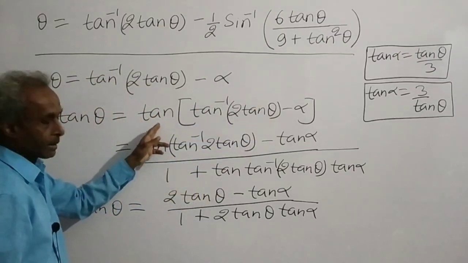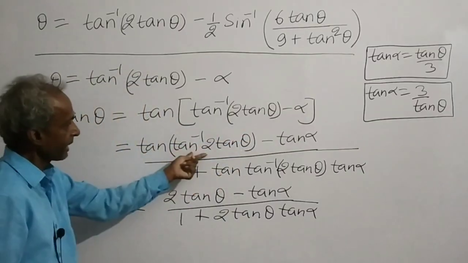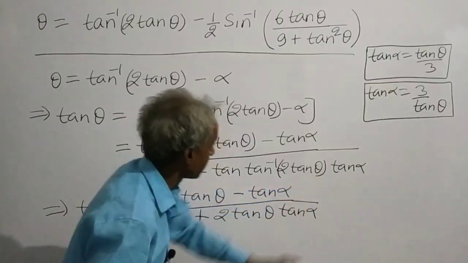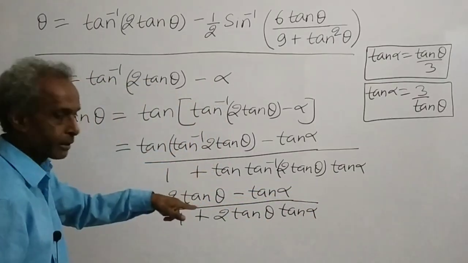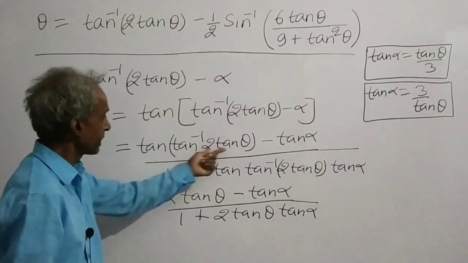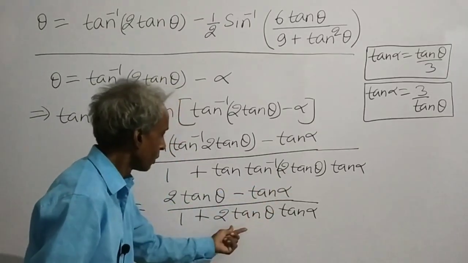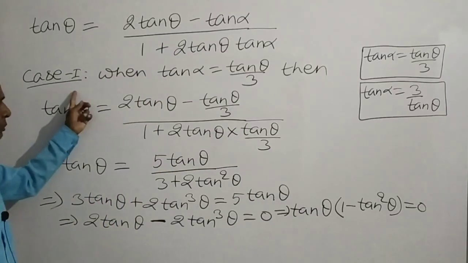Now we apply the formula for tan A minus B: tan A minus tan B by 1 plus tan A times tan B. Since tan inverse x is equal to x, therefore this will become 2 tan theta. Here also will become 2 tan theta.